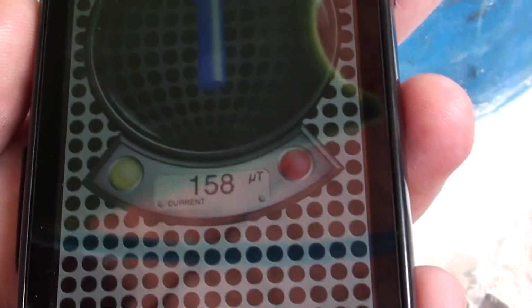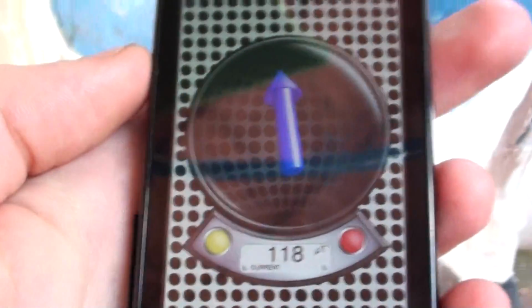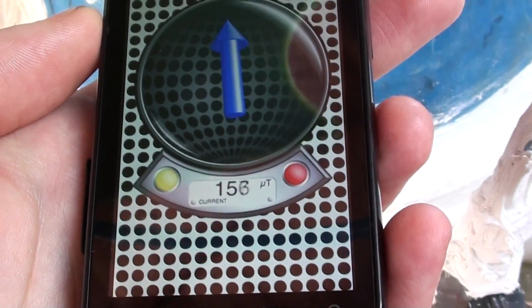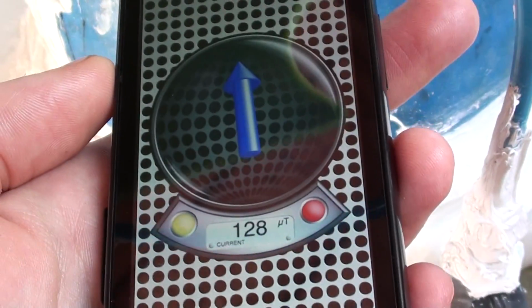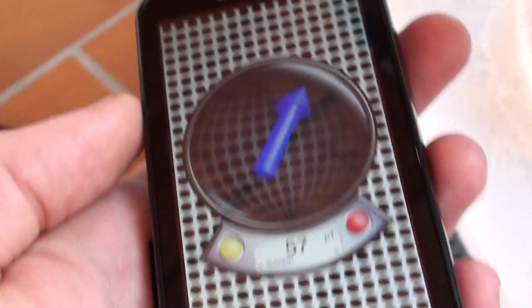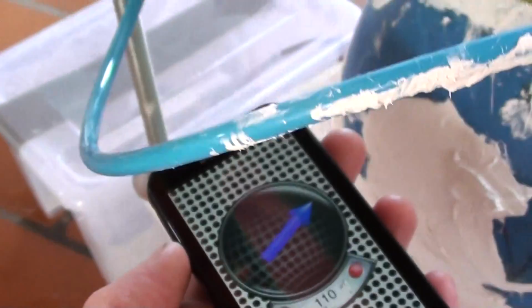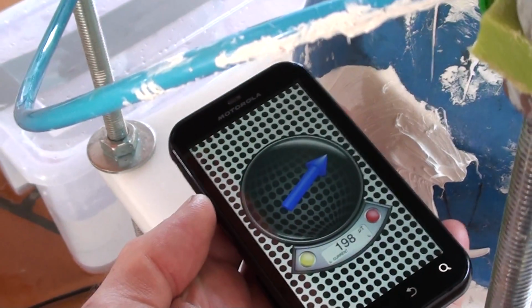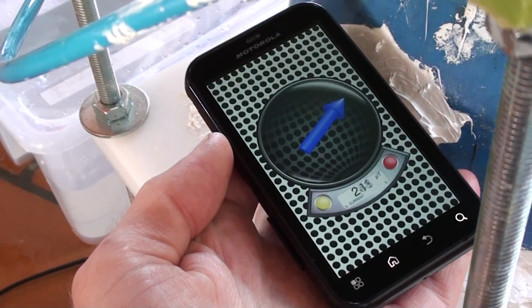So we are approaching the system, and we get higher fields. Let's try from another side. It flows in.